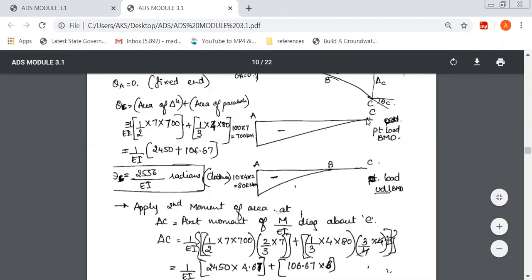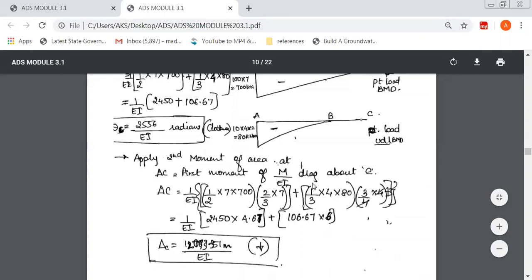Now you can see we are measuring with respect to C. From C, the centroid of a triangle measured from the apex is 2/3, so it is 2/3 of 7 meter. Similarly, this is the area of the parabola, that is 106, and then the CG of this.